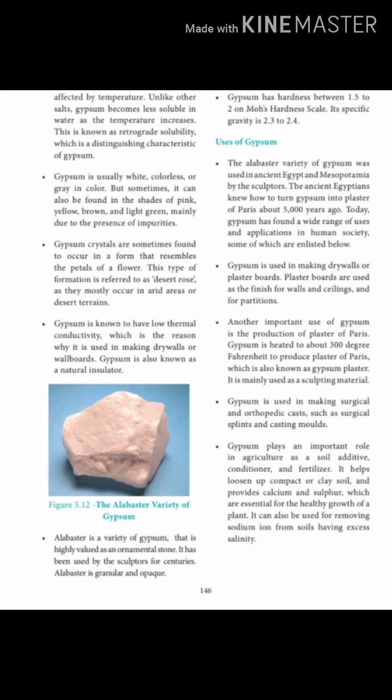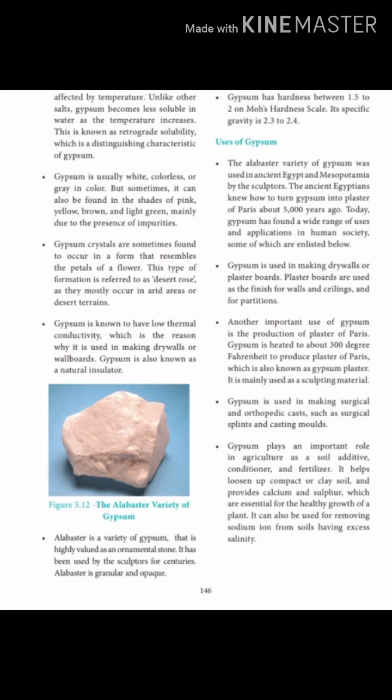Gypsum plays an important role in agriculture as a soil additive, conditioner, and fertilizer. It helps loosen compact or clay soil and provides calcium and sulfur, which are essential for the healthy growth of a plant. It can also be used for removing sodium from soil having excess salinity.